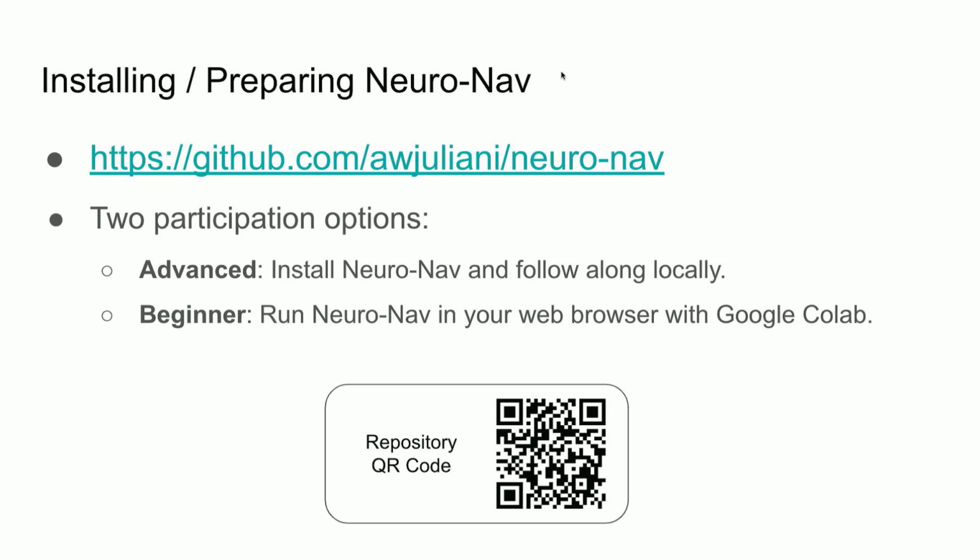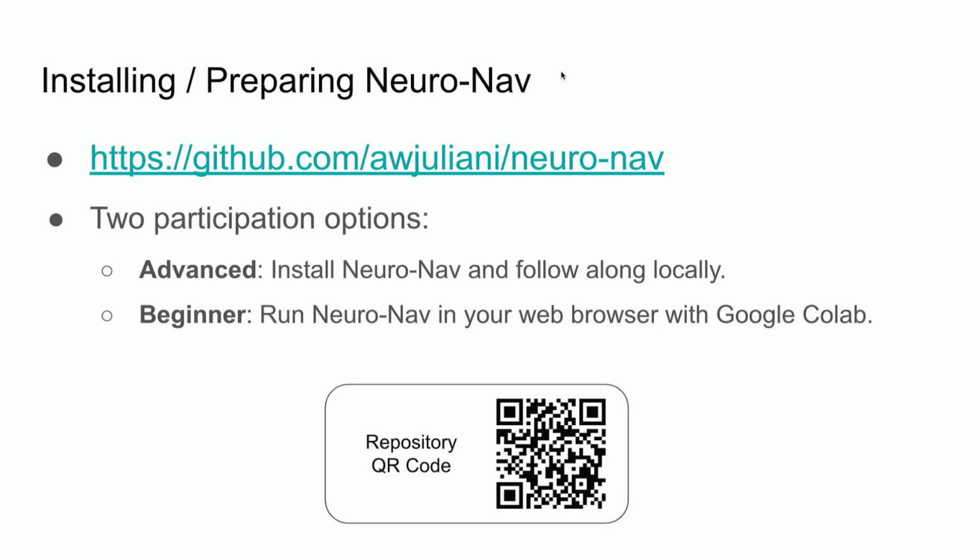Yeah, so there are multiple ways to get to this. And like I said, we have two ways that you can follow along during the tutorial. You can either use the Colab notebooks, or you can install it locally on your machine if you're comfortable with doing a git clone and a pip install. So we'll wait a few minutes and let people pick one of these two options.